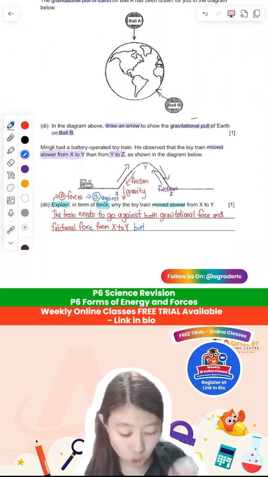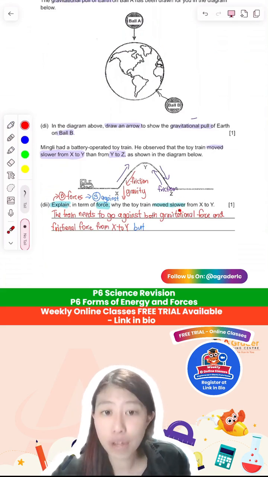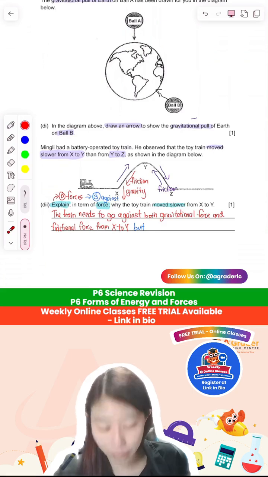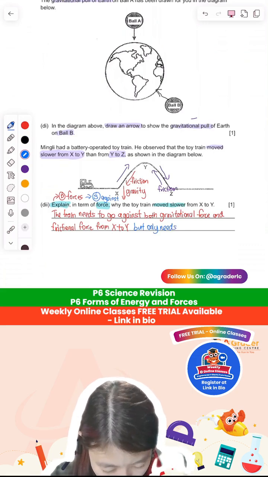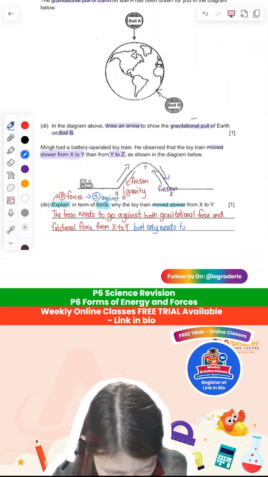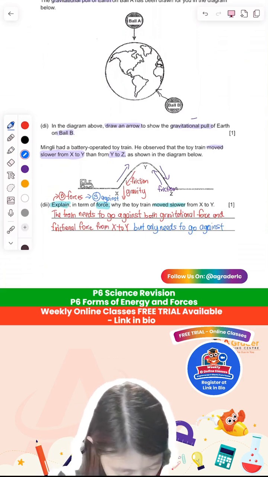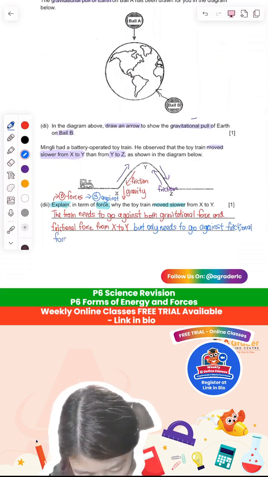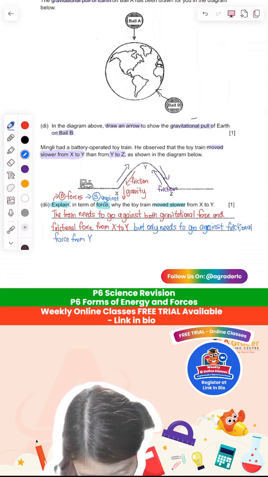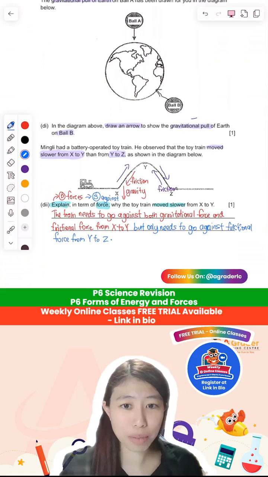Please compare, because they use the word slower. You have to answer by comparing. But it only needs to overcome or go against frictional force from Y to Z.